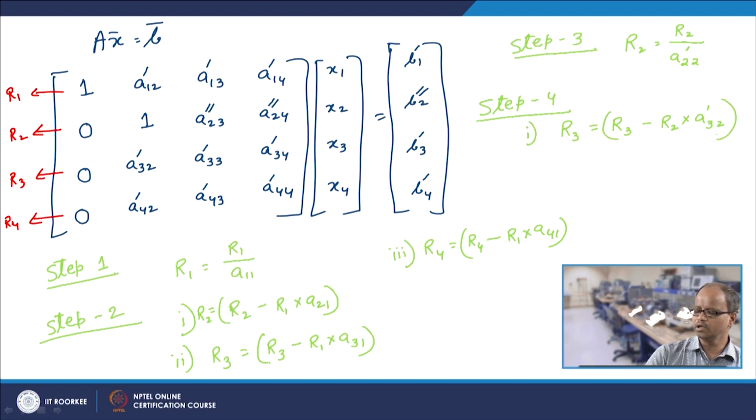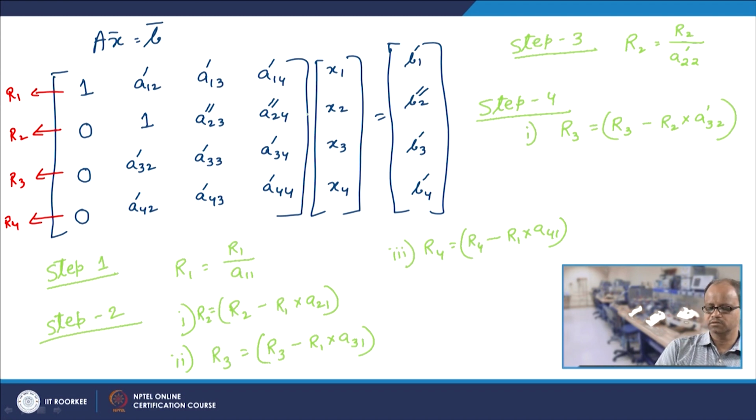Essentially what we are doing now, because we have got one unity here, we multiply this entire row by A32 dash. Once we multiply this entire row by A32 dash, here we will get one A32 dash, and here of course A23 double dash into A32 dash, and so on. It will be A24 double dash into A32 dash, and so on.